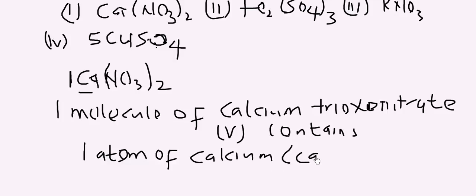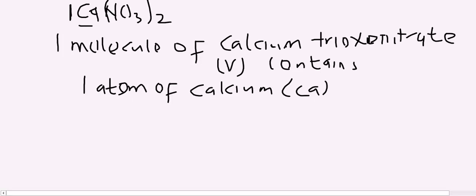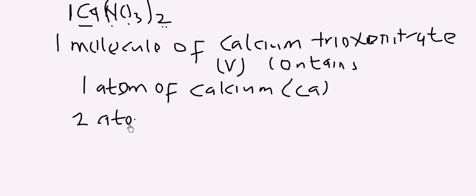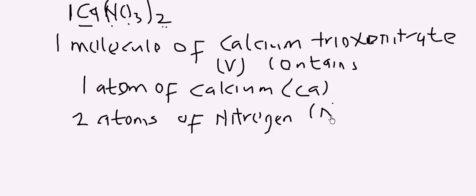That's Ca. Then when we look at what we have in parentheses, we'll discover that we have NO3 in bracket 2. This 2 here is affecting both the nitrogen and the oxygen. So we have one N inside the bracket, so N times 2 means that we have 2 atoms of nitrogen. Then we look at O3.